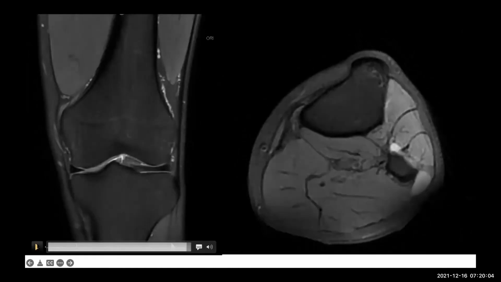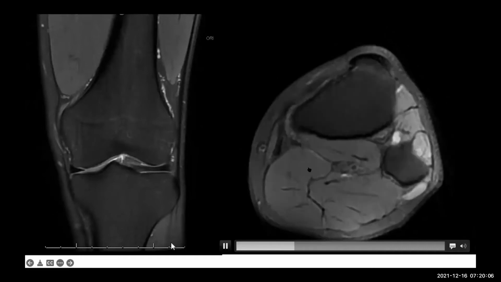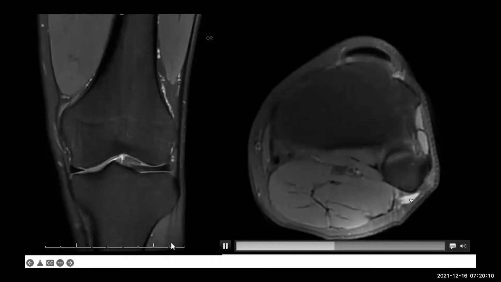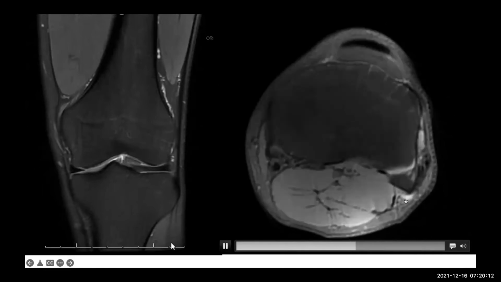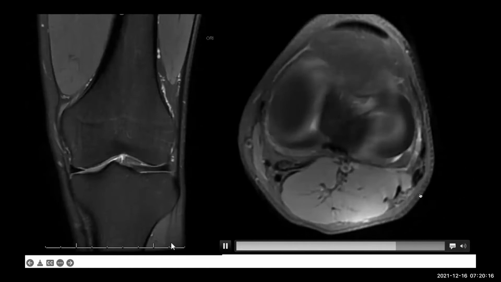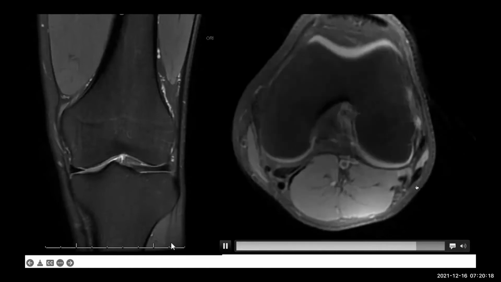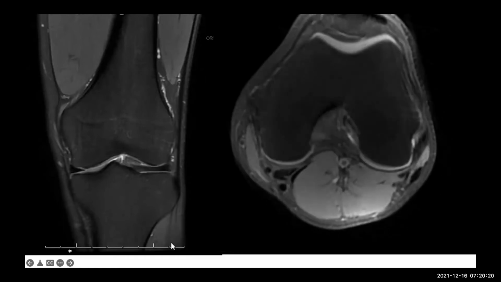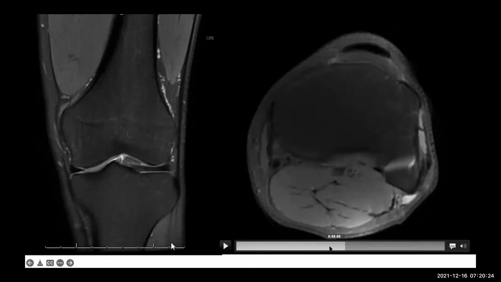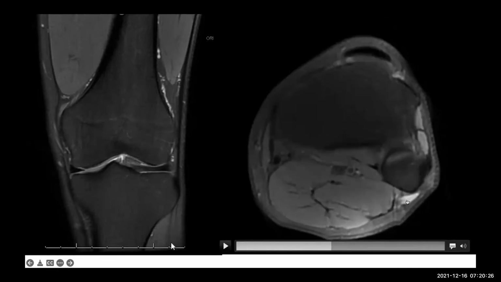So on the axial over here, what nerve do you think I'm pointing to right now? If you can see my pointer, we'll go back a slide. This one is your tibia and your fibula.